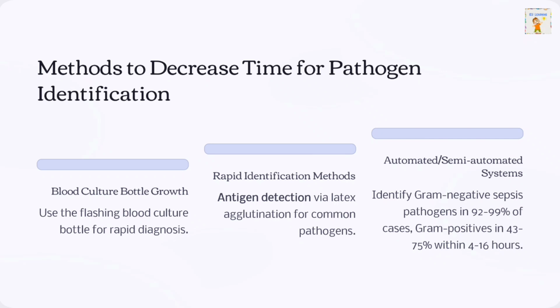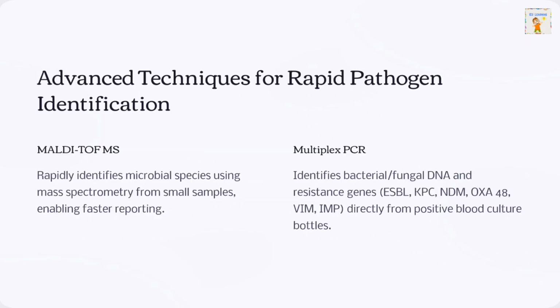There are semi-automated or automated systems which can identify gram-negative sepsis pathogens in 92 to 99% of cases, and gram-positives in 43 to 75% of cases. This can give you information in 4 to 16 hours, which is still a lesser time.